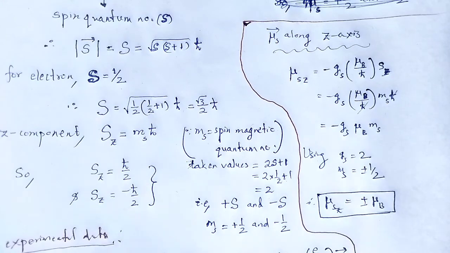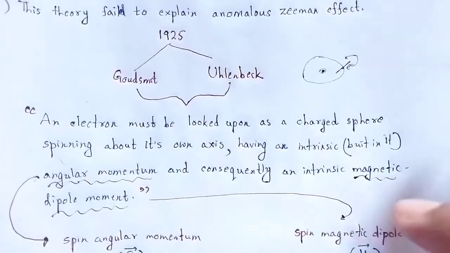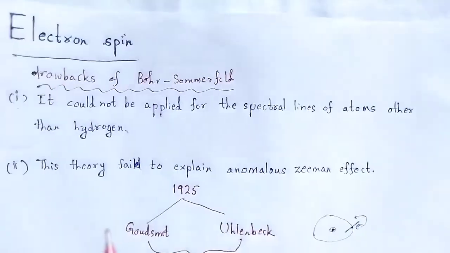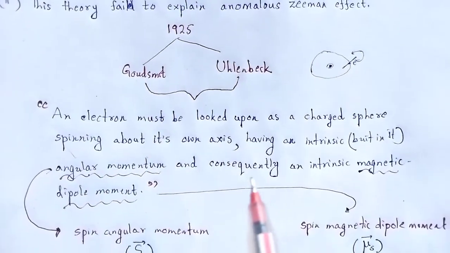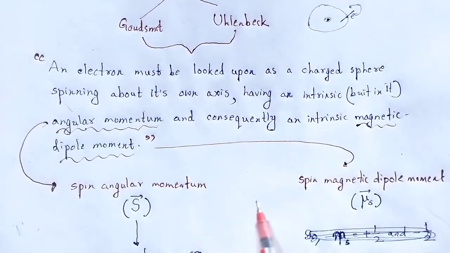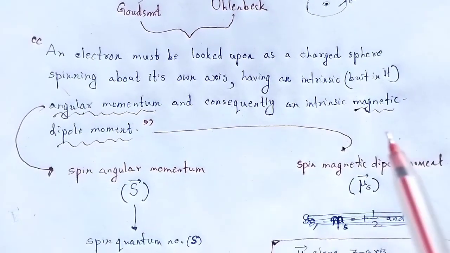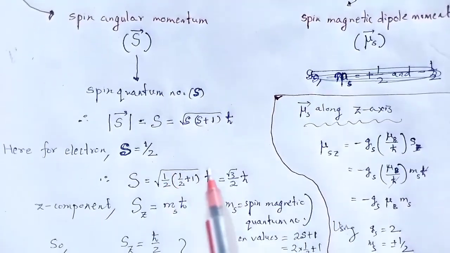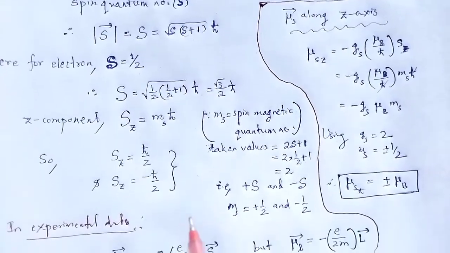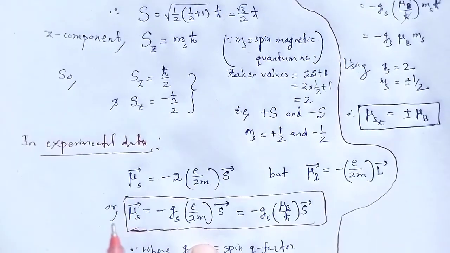So with the help of this visual lecture we understand what electron spin is, spin angular momentum, spin magnetic dipole moment, and their notation.